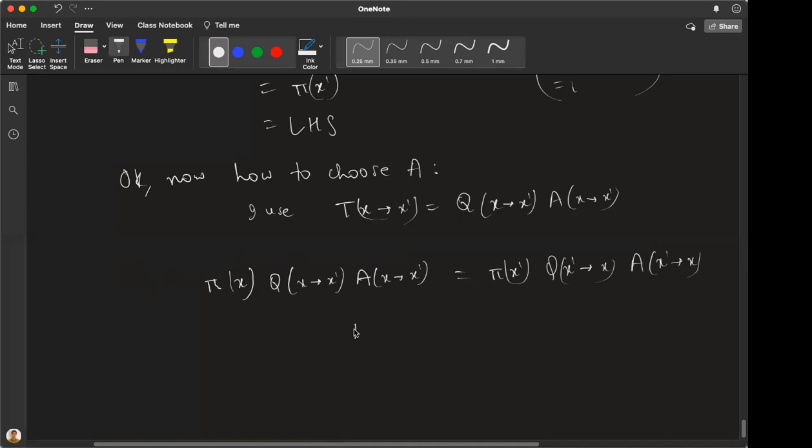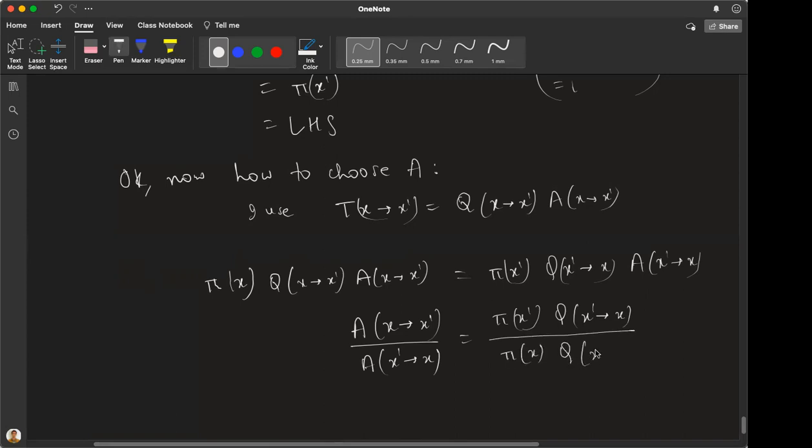Let us put all the A terms together. A of x to x prime divided by A of x prime to x becomes equal to pi of x prime times Q of x prime to x, divided by pi of x times Q of x to x prime.